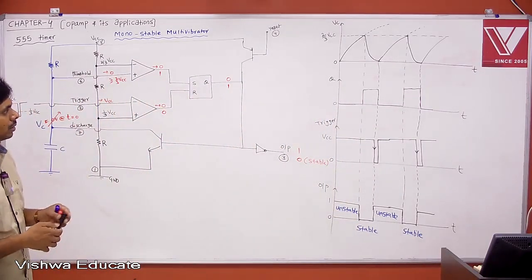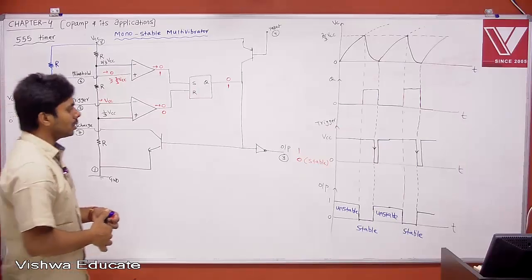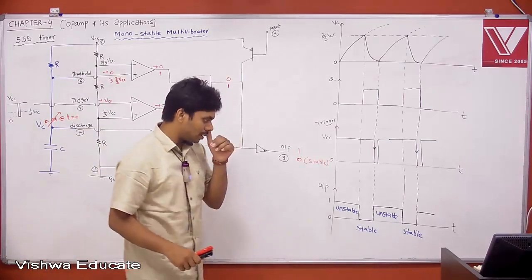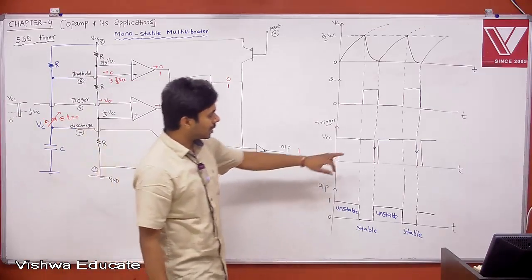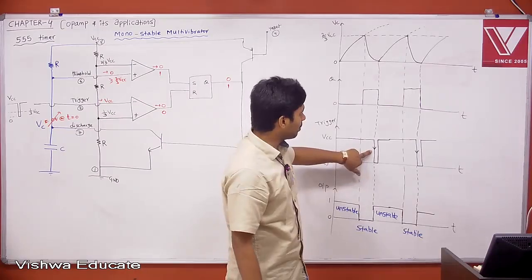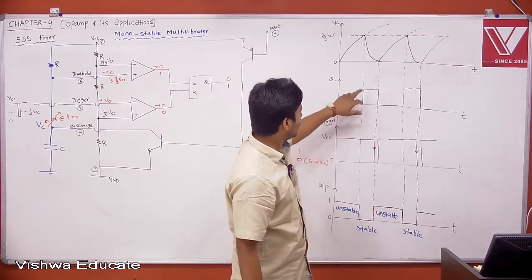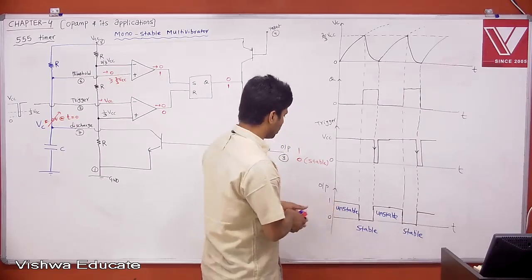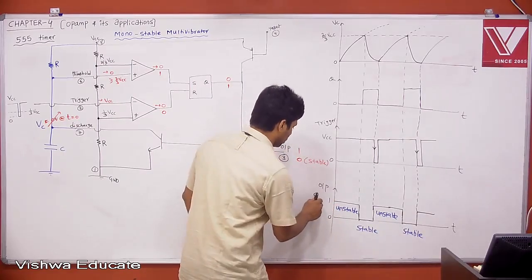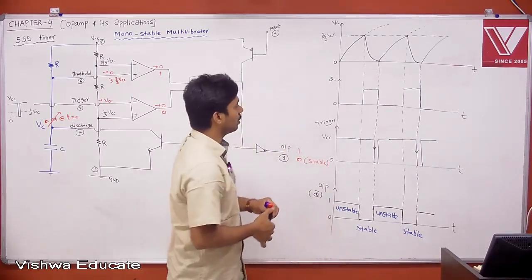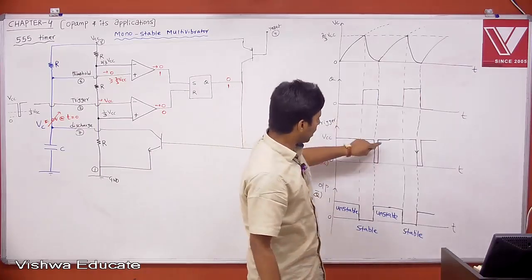If you observe clearly what the application of this is, whenever trigger applies, then only your output is changing. Your output is nothing but Q bar. This is your Q bar.